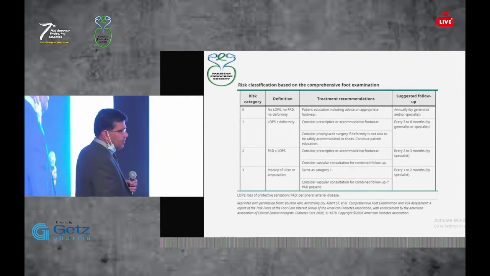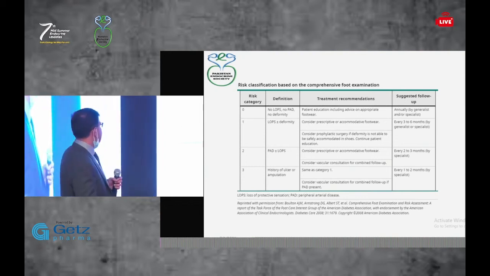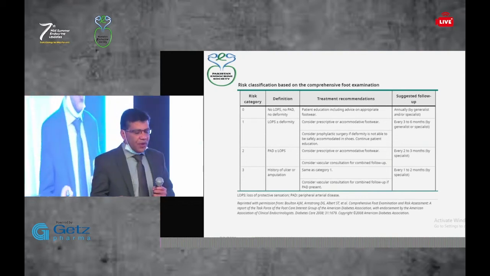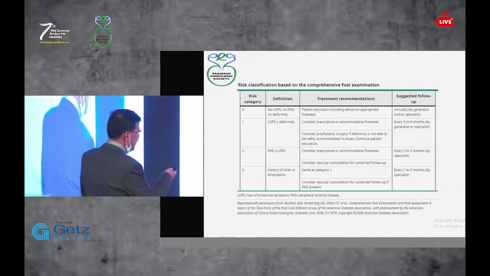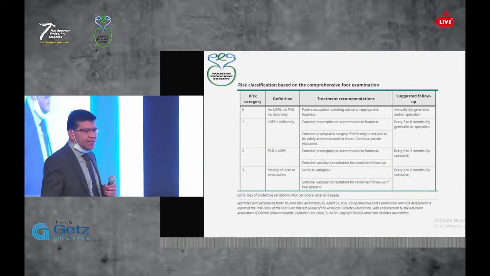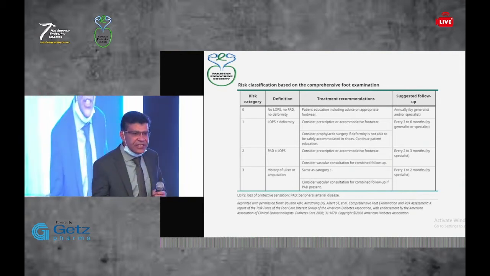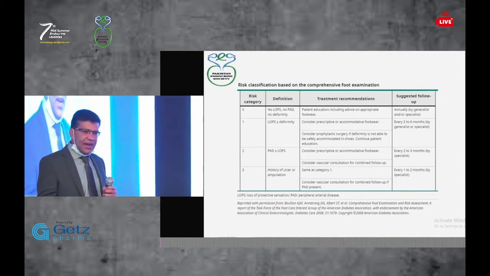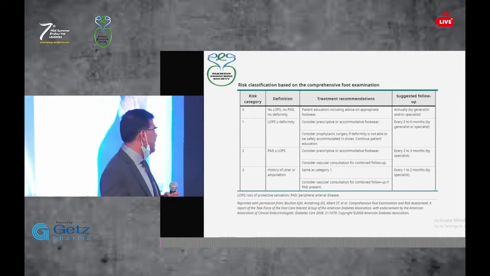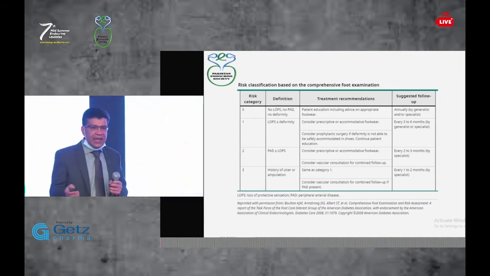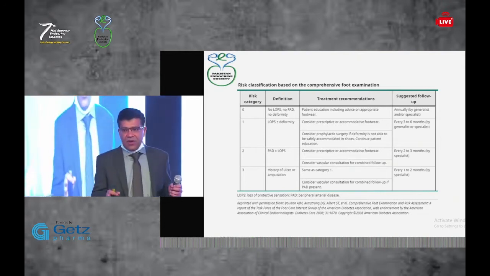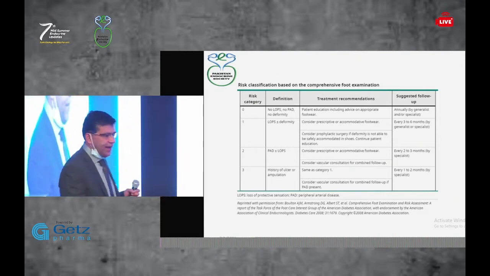So the classification of the risk on the comprehensive foot exam is that we grade the risk categories. Category 0 is when there is no loss of protective sensation, no peripheral artery disease, and no deformity. The recommendation for them is to wear appropriate footwear.